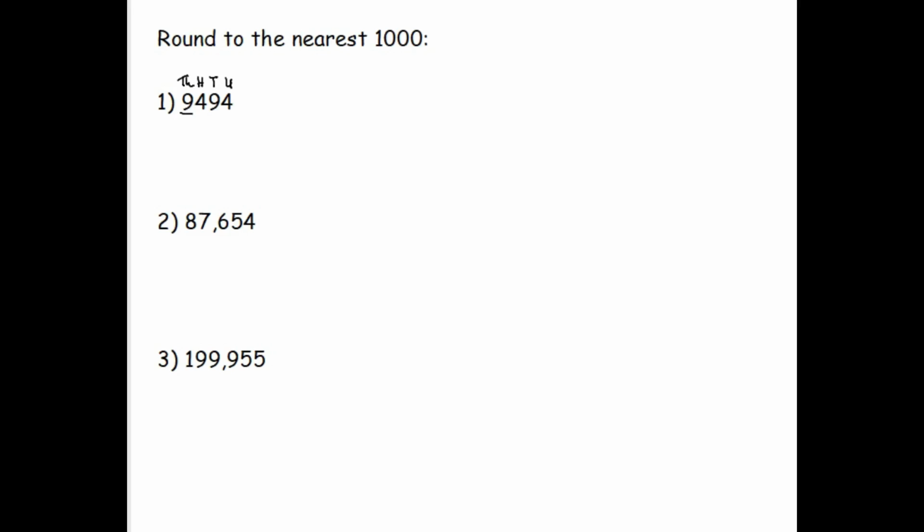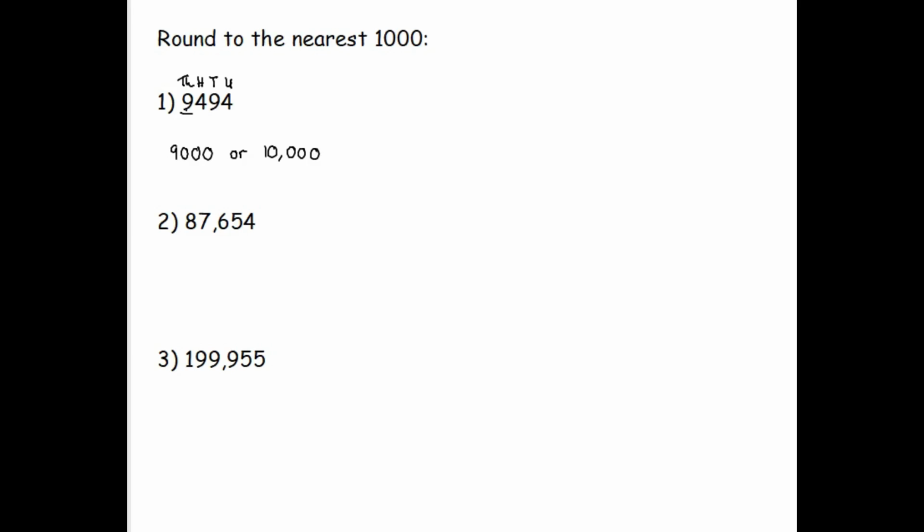So our 9 here is our thousands column. So our answer is either going to stay the same, so it's either going to stay as 9,000, or it's going to be 1,000 bigger. So it goes 9,000, 10,000. So our answer will either be 9,000 or it will be 10,000.